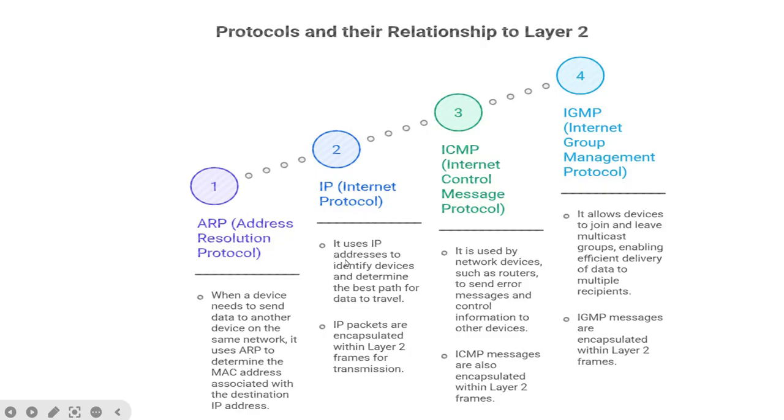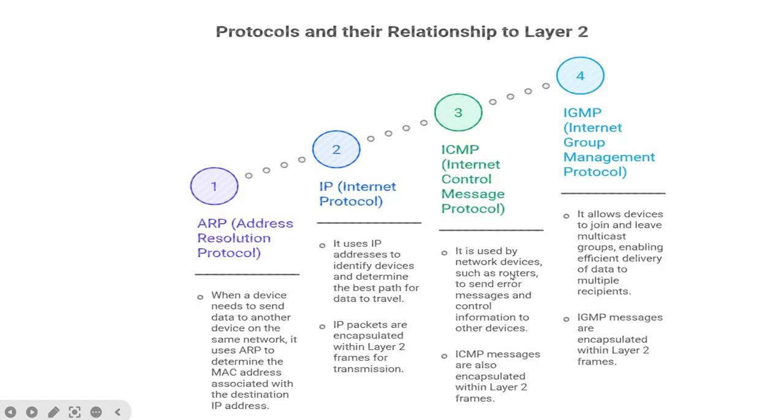Then you have the IP protocol. It uses IP addresses to identify the devices and determine the best path for the data to travel. These IP packets are encapsulated within layer 2 frames for transmission.